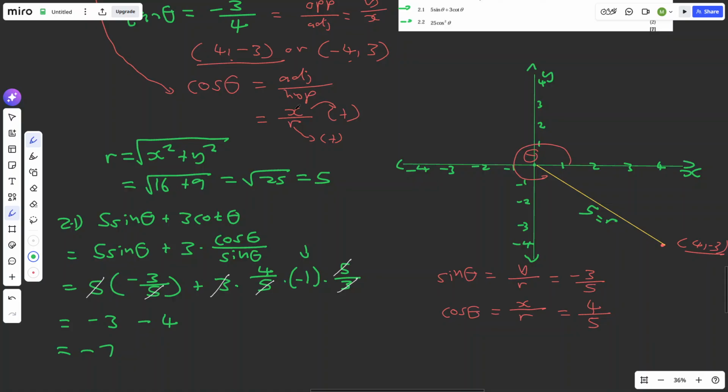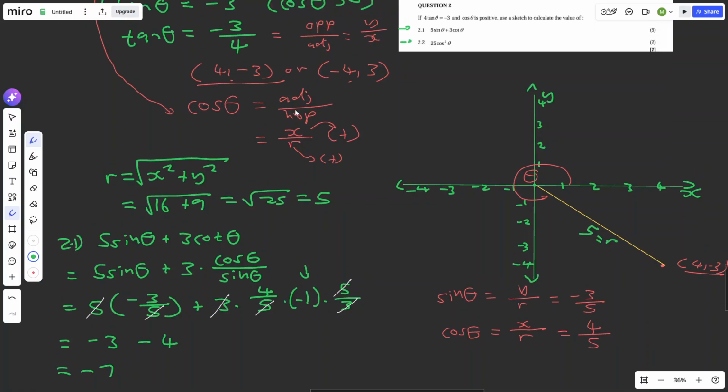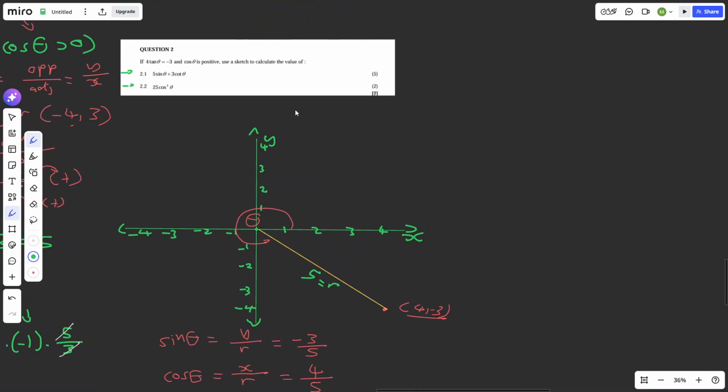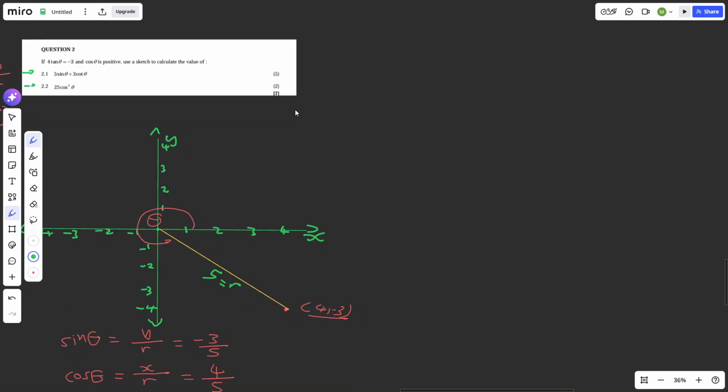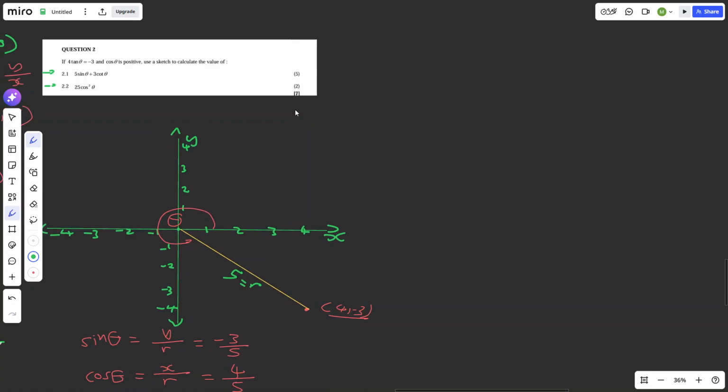So the last question, question 2.2. Let us move this here. Okay, in question 2.2, we are now required to find 25 cos squared theta.